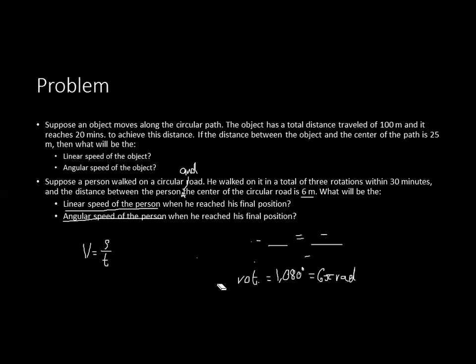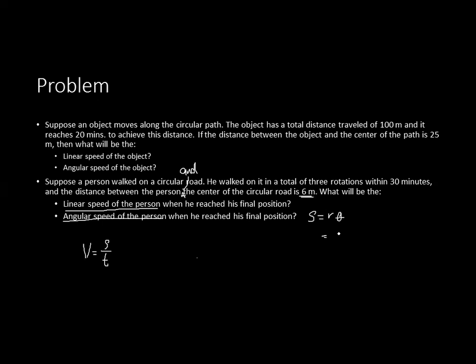Okay. So now, why is it important that I include it here? Because I want you guys to find the arc length first, which is S is equal to R times theta. You have the radius, which is 6 meters, the distance between the center of the circular road and a person, right?